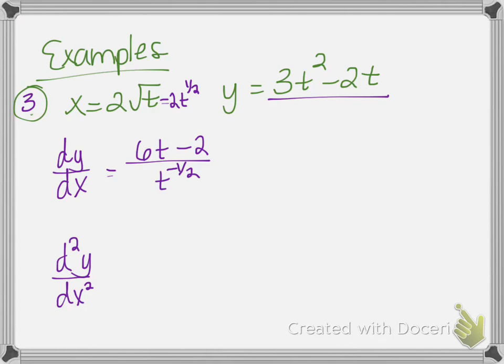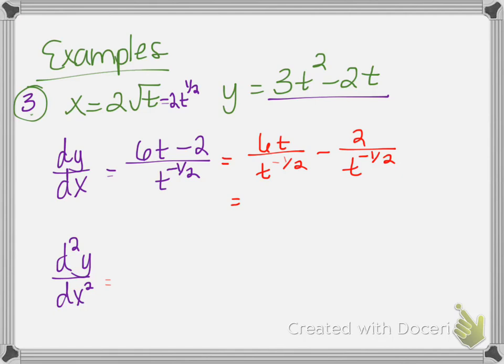Now, there are times when simplifying this makes it easier. This is one of those times. Because whenever I come down here to find the second derivative, I'm going to have to find the derivative of this. And if you'll simplify, it does make it a little bit easier. So you don't always have to do that. It just depends on the problem. On this one, you're going to do 6t over t to the negative 1/2 minus 2 over t to the negative 1/2.